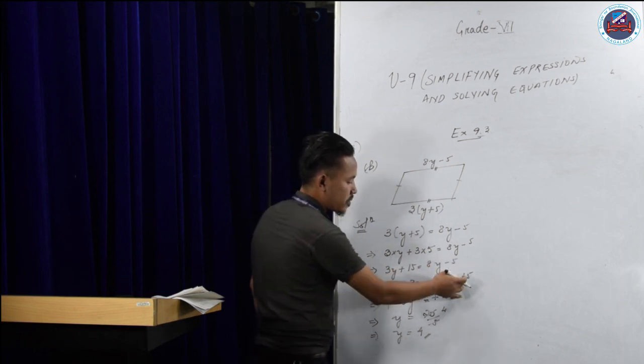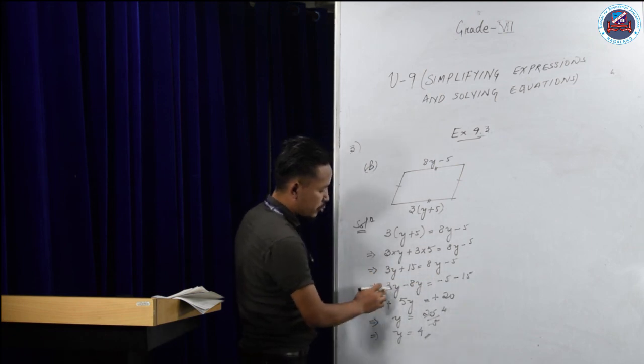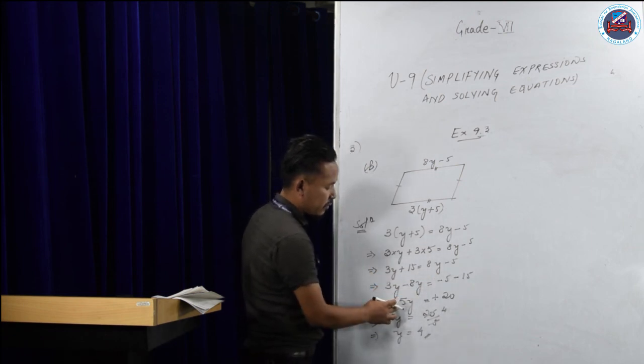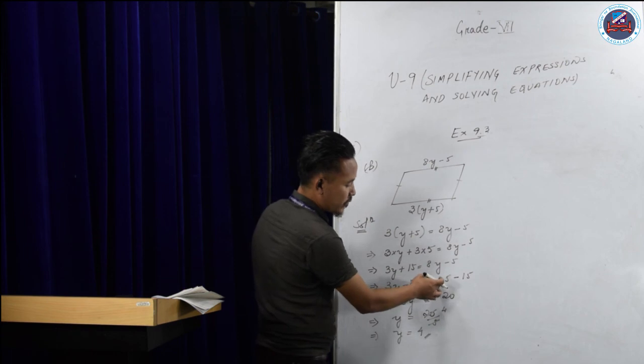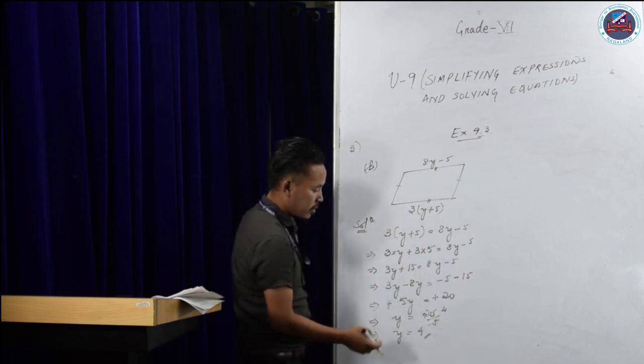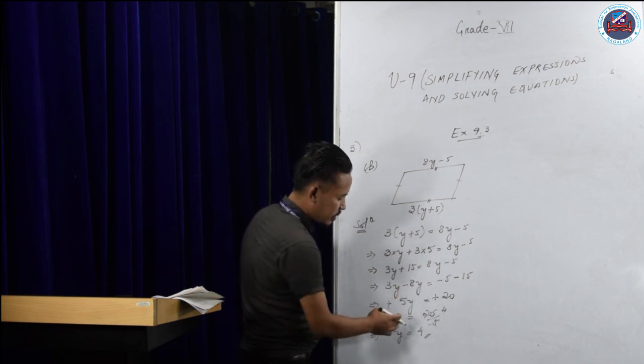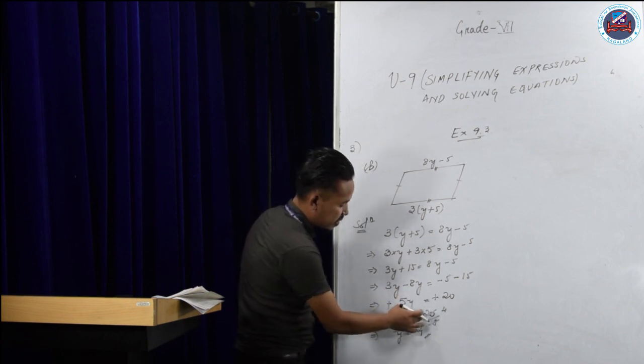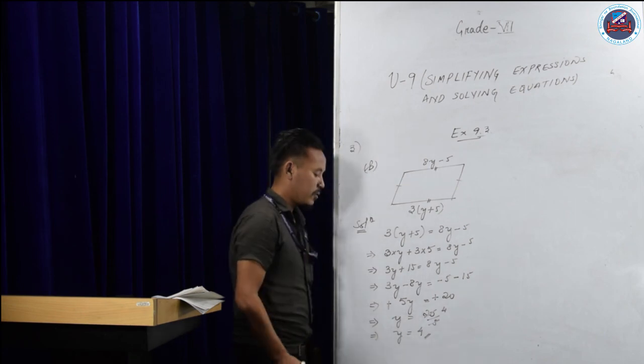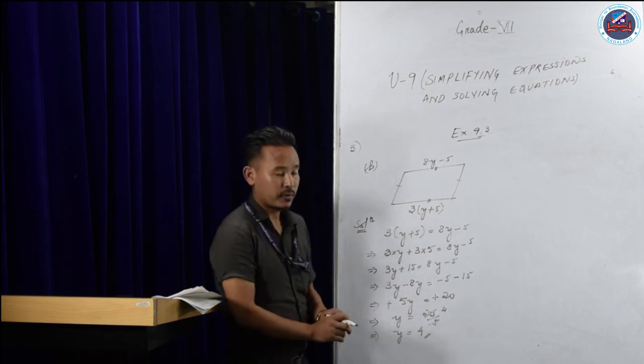Plus 15 becomes minus 15. So 3 minus 8, we get minus 5y equals minus 5 minus 15, we get minus 20. The minus signs cancel. So y equals 20 divided by 5. Finally we get the value of y as 4.